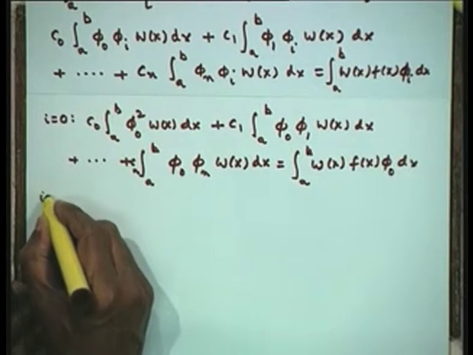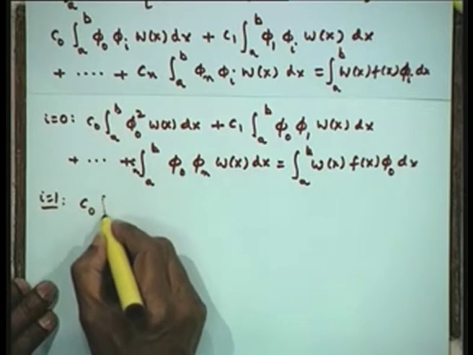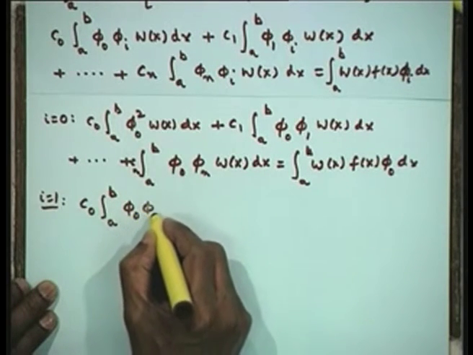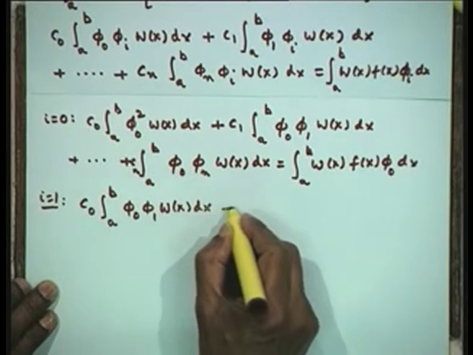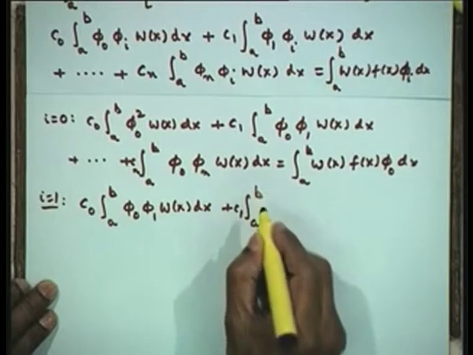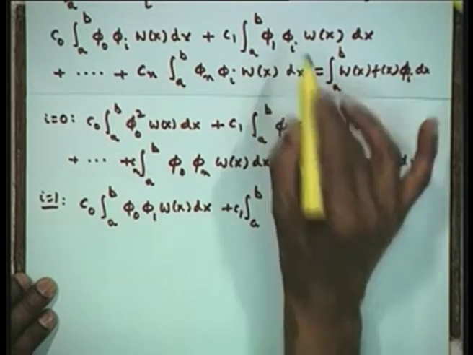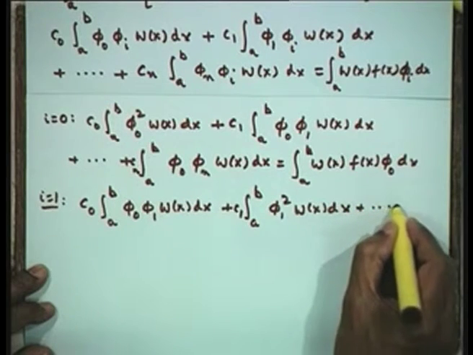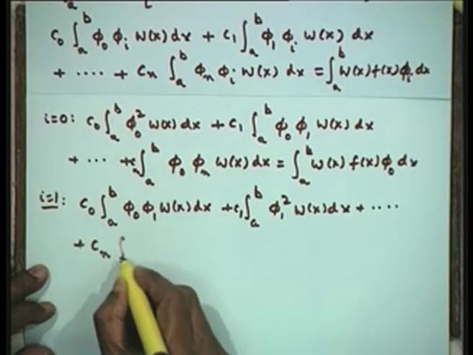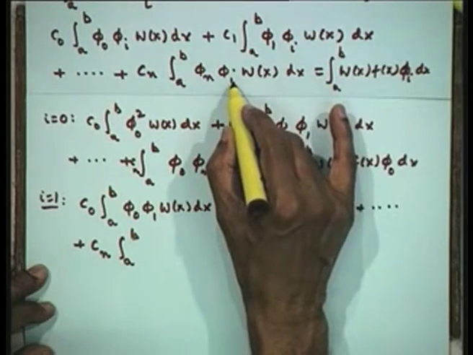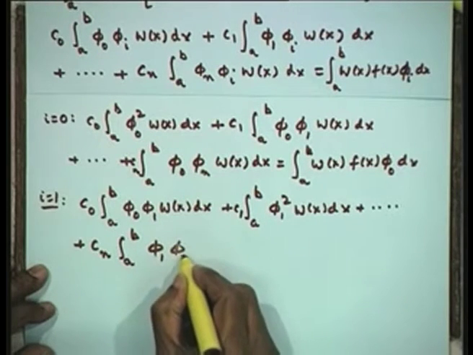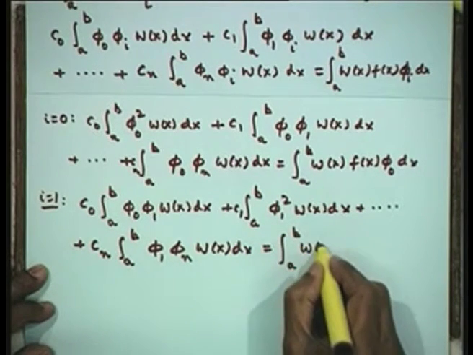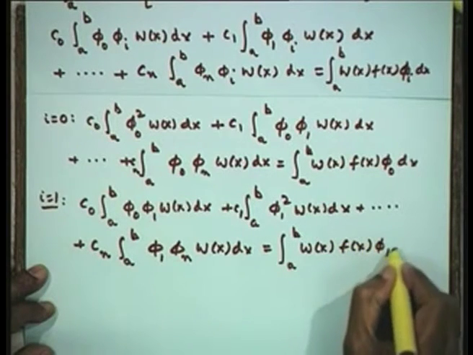I would like to write one more equation. Now, this is i equal to 1. Therefore, this will be c0 times the integral from a to b of phi0 phi1 w(x) dx, plus c1 times the integral from a to b of phi1 squared w(x) dx, plus so on, plus cn times the integral from a to b of phi1 phin w(x) dx, and the right hand side is the integral from a to b of w(x) f(x) phi1 dx.